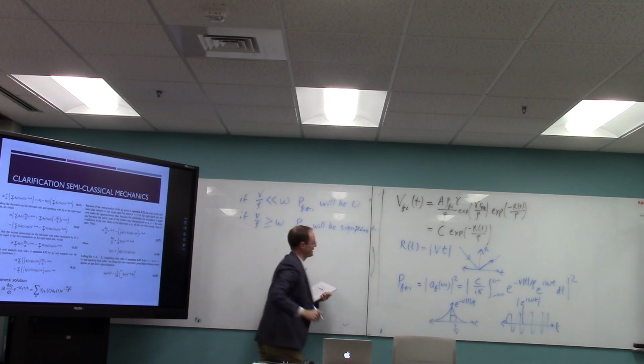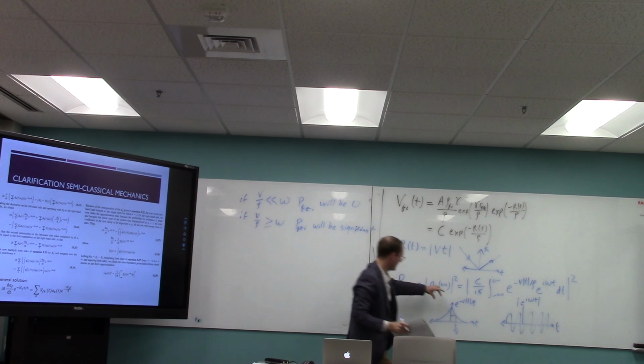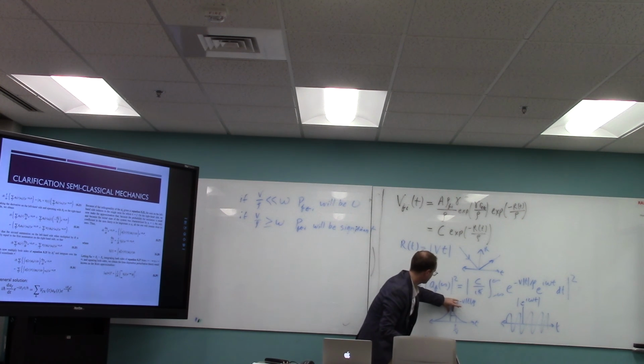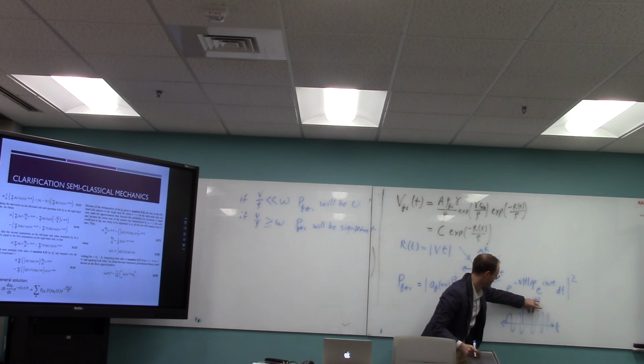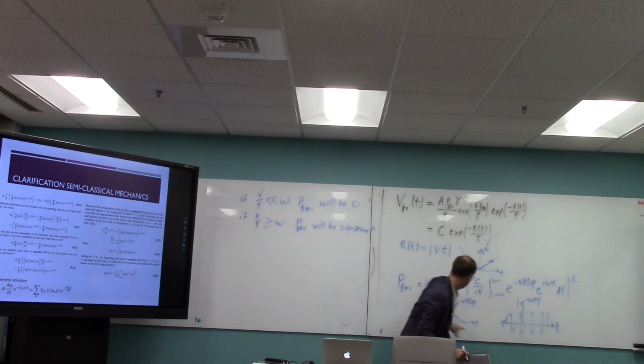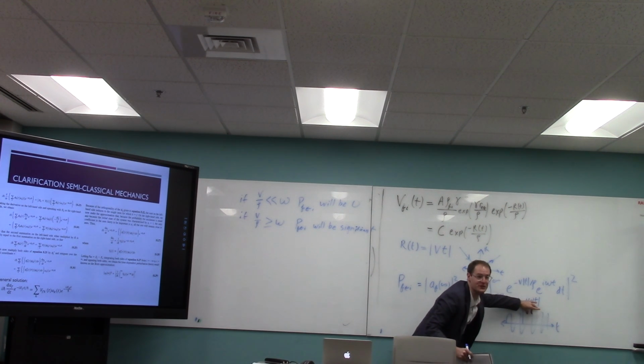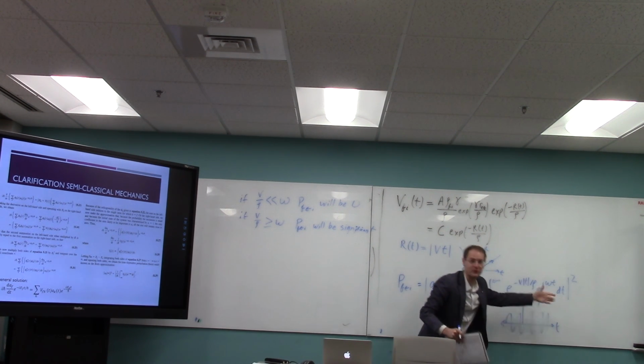Sorry, bad handwriting. Because basically if rho over v is very narrow and it's equal to 1 oscillation period or less, then you're just going to basically multiply everything by 0 except for 1 period of oscillation, and then you're going to get some non-zero quantity.